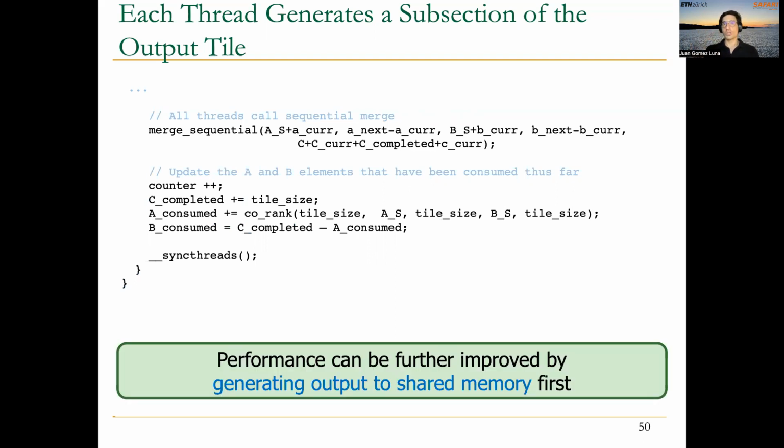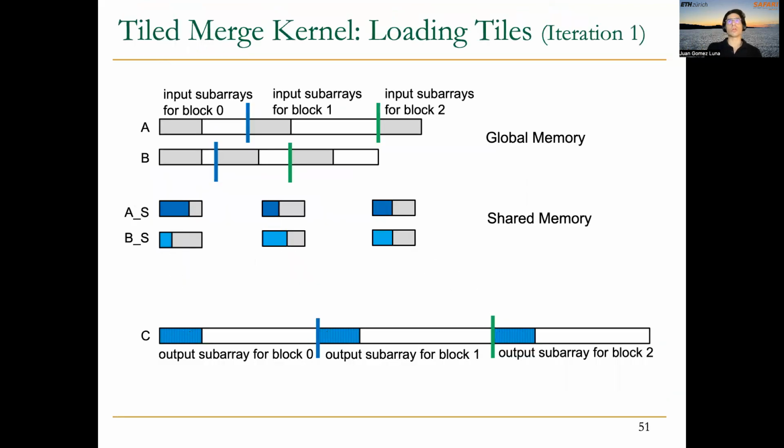There is one potential minor optimization that we could do here, which is generating the output in shared memory first in order to reduce the latency of writing the output elements, and also improving the coalescing when writing to the output array.